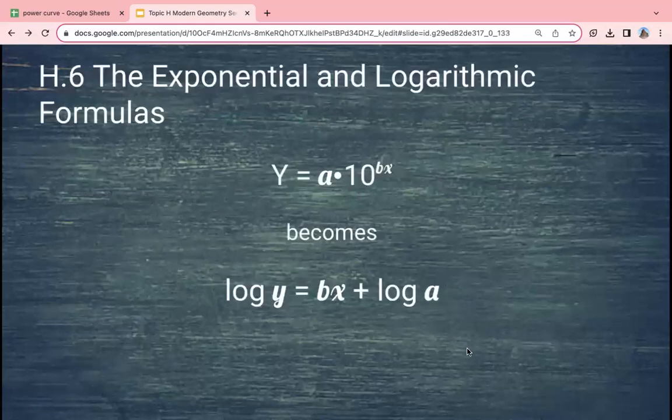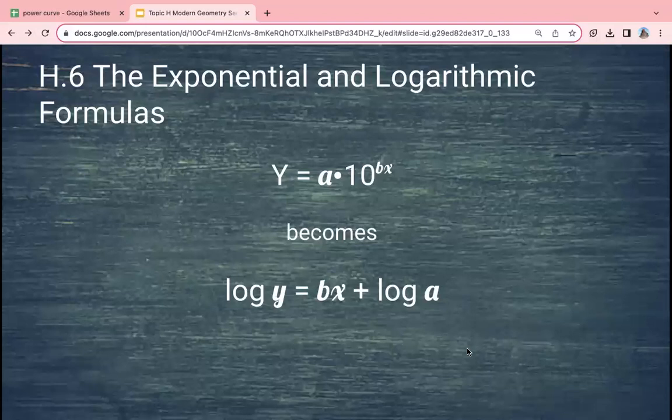The next topic is about the exponential and logarithmic formulas. So what is this about? We saw in the preceding section that the power form can be reduced to a linear form. Similarly, the exponential and logarithmic forms are reducible to linear forms.